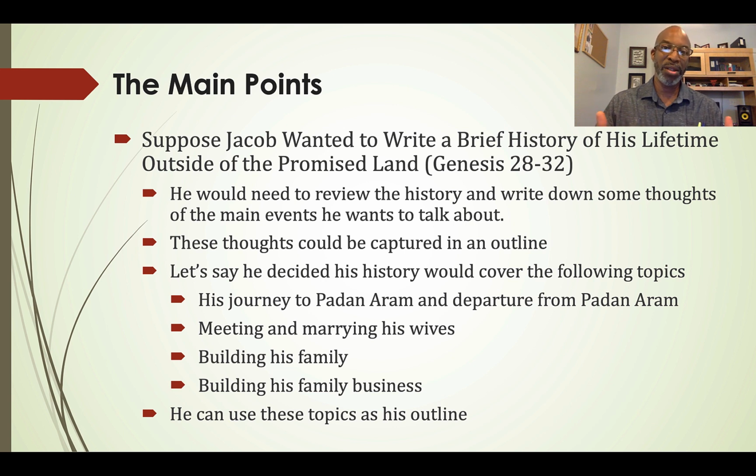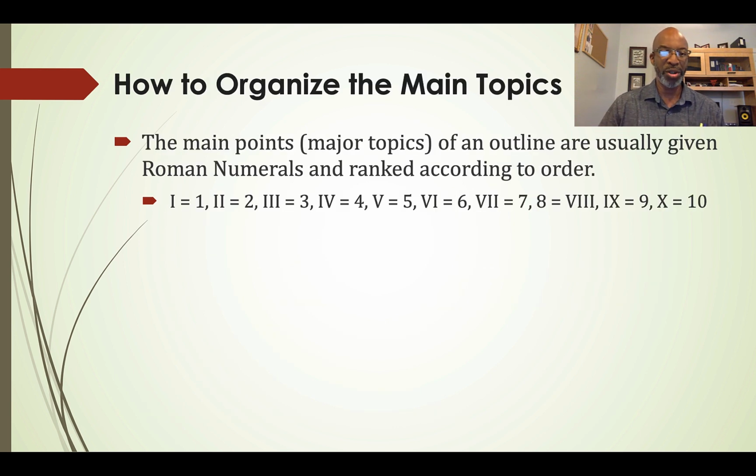Okay, so for example, those are four major topics that are covered in Genesis 28 through 32. Okay, and he could use these four topics as his outline: his journey to and from Padan Aram, meeting and marrying his wives, building his family, and building the family business. Those capture in general what happened.